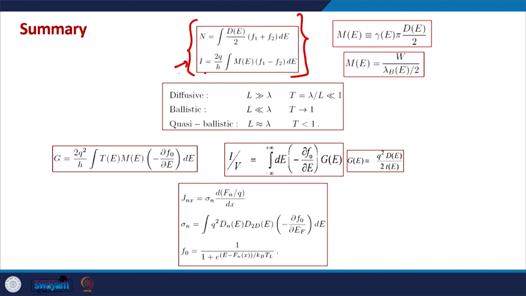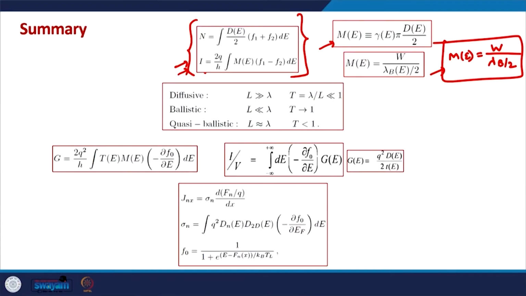While dealing with the current, while trying to understand current in more detail, we came across this idea of modes, which is essentially the product of gamma pi dE by 2, and this in turn, if we see in the ballistic transport case, turns out to be W divided by lambda_b by 2, where W is the width of the 2D conductor and lambda_b by 2 is the de Broglie wavelength of the electrons.